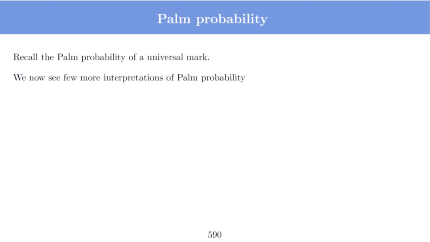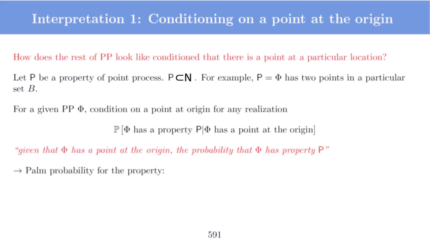We will see more interpretation of palm probability, just to understand it better. So one is, how does the rest of the PP look when you condition that there is a point at a particular location? Let P be a property of a point process. Of course, P will belong to N, because N is the set of all possible realizations of the point process.